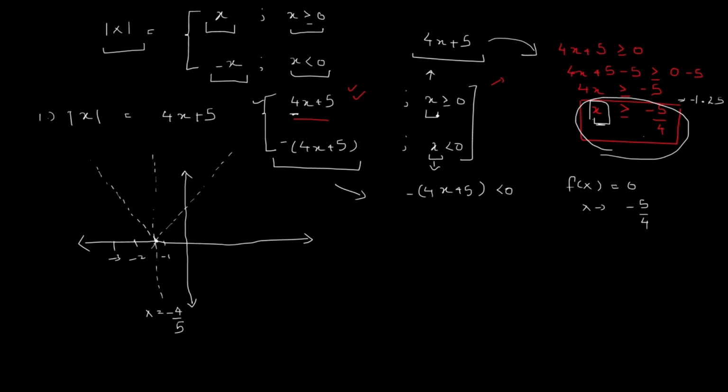You can either write 4x plus 5 greater than or equal to 0, or x is greater than or equal to minus 5 by 4. It's better to write the latter, but this is just for clarification so you guys don't get confused.